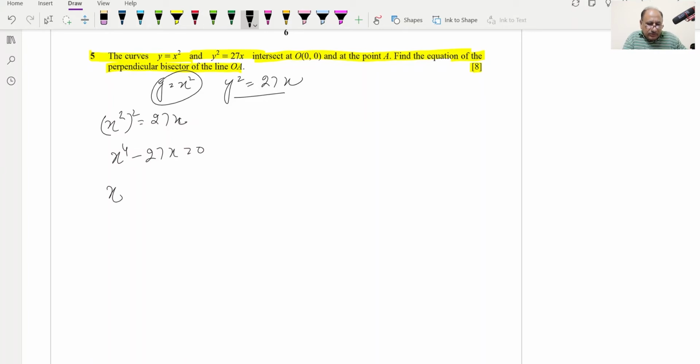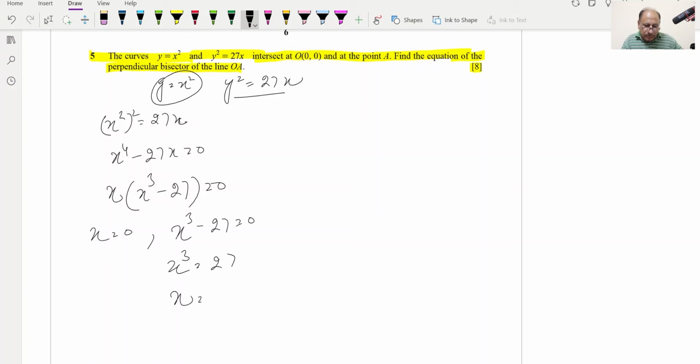Now we can take x common, so inside will be x cube minus 27 is equal to 0, and this implies x is equal to 0 and x cube minus 27 is equal to 0, so x cube is equal to 27 and x is equal to 3. So we'll get this value and this value. Now in the equation y square is equal to 27x, if we replace 0 we will get y is equal to 0.